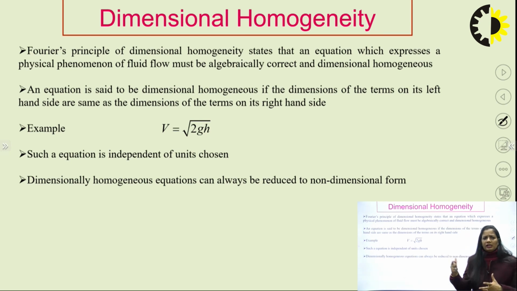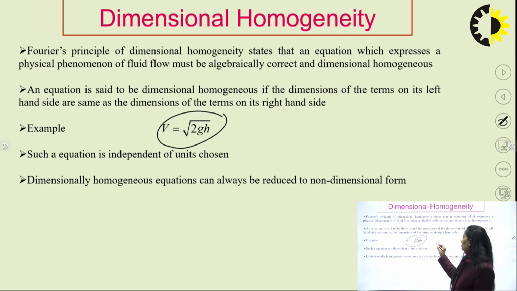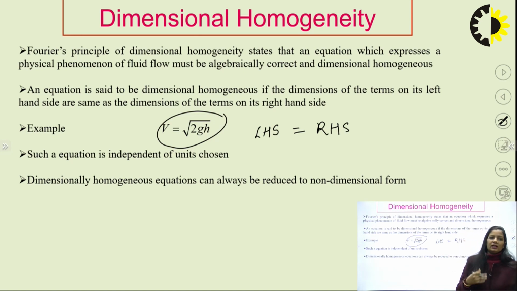For example, let us suppose velocity is equal to root over 2gh. This is an equation we know very well. If we say that this equation is dimensionally homogeneous, what you need to prove is that the dimension of the LHS must be equal to the dimension of the RHS.